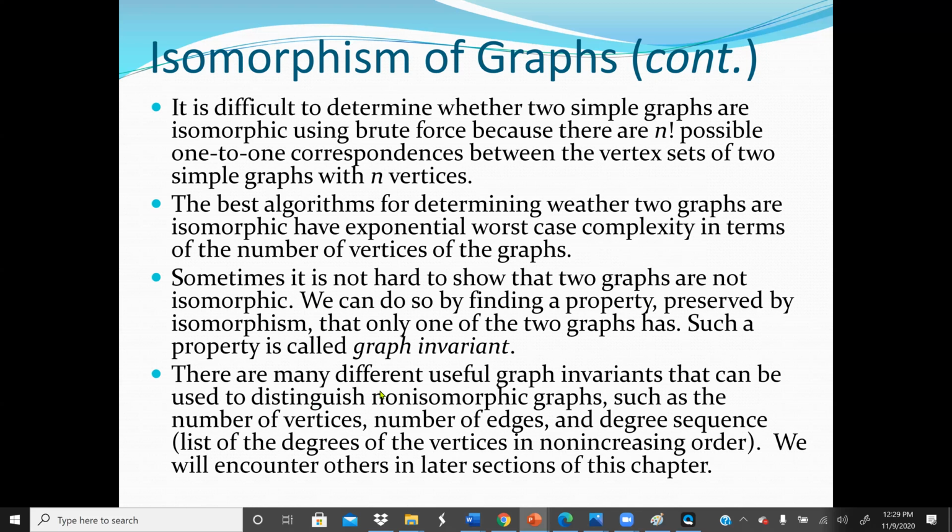So there are many different useful graph invariants that can be used to distinguish non-isomorphic graphs, such as the number of vertices, the number of edges, and the degree sequence. Degree sequence means the list of the degrees of vertices in non-increasing order. And we will encounter others in later sessions of these lectures also.